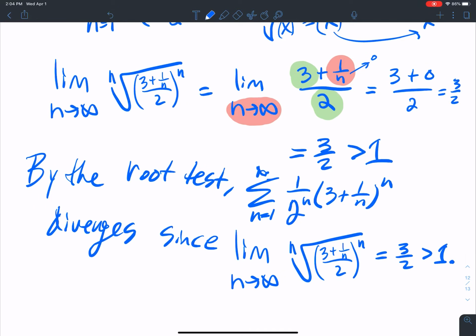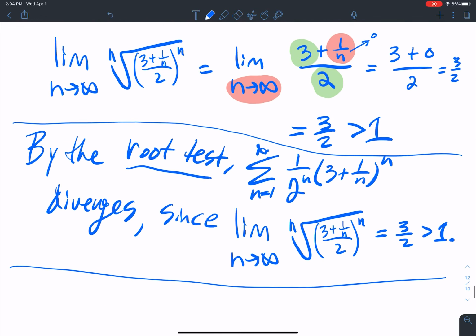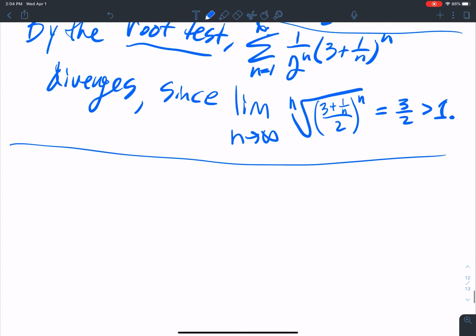So that right there is my answer, by the root test. Okay, let's try one more root test problem just to make sure we're good to go.